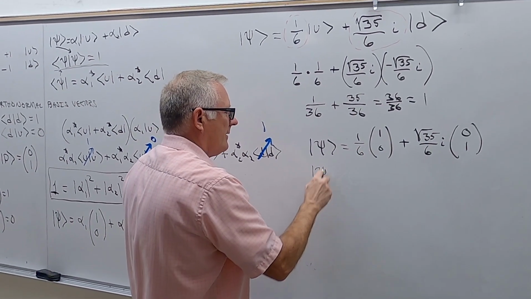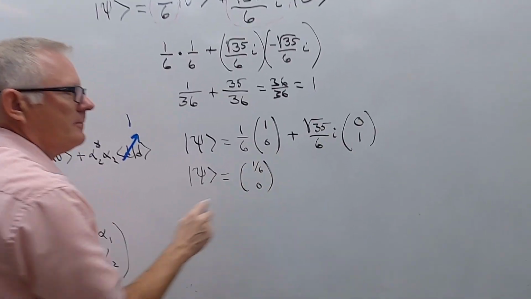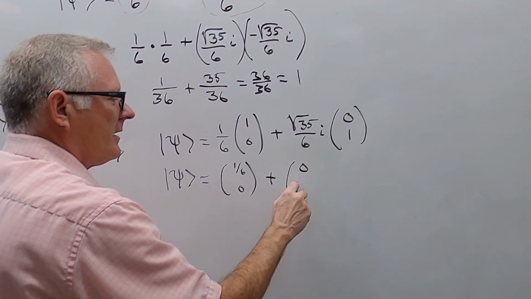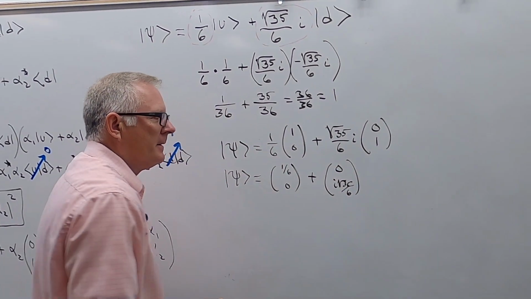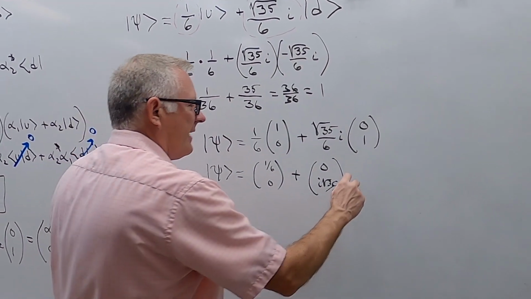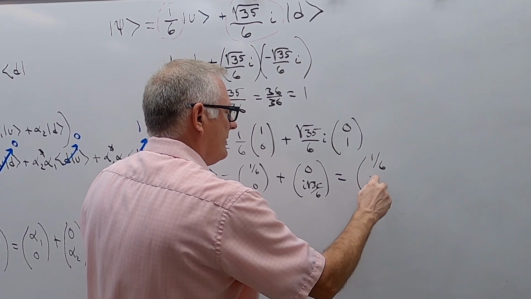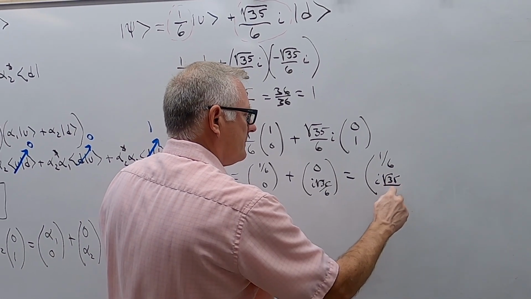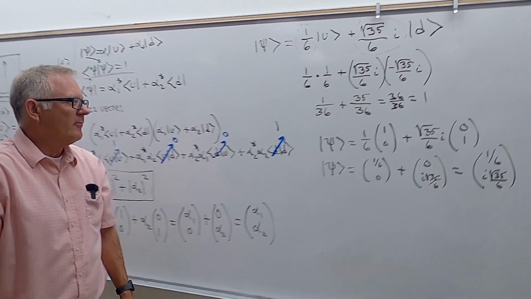So psi is equal to 1/6, 0. This one plus 0, and you get i square root 35 over 6. And then I could add these two together. It's just 1/6, i square root 35 over 6. So I've written psi in terms of its column vector.